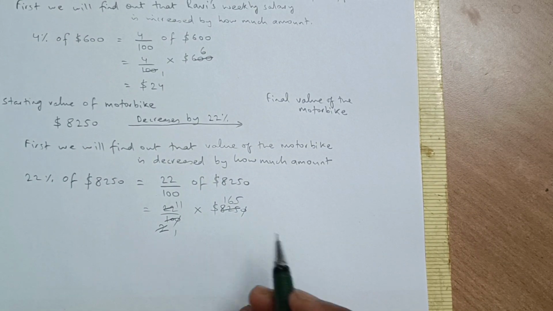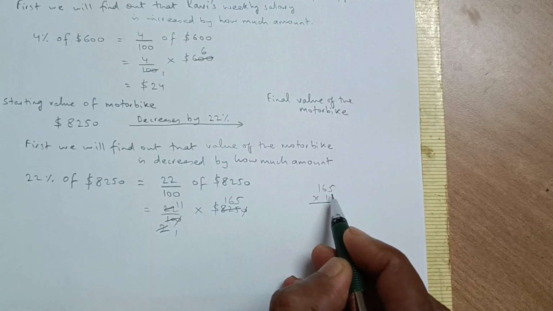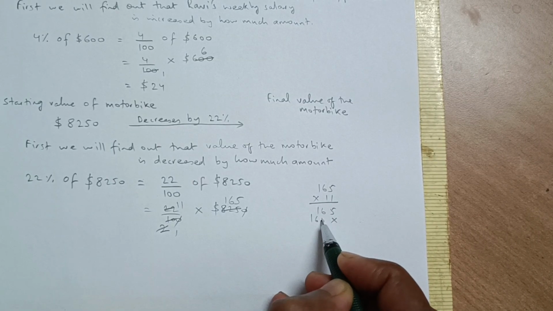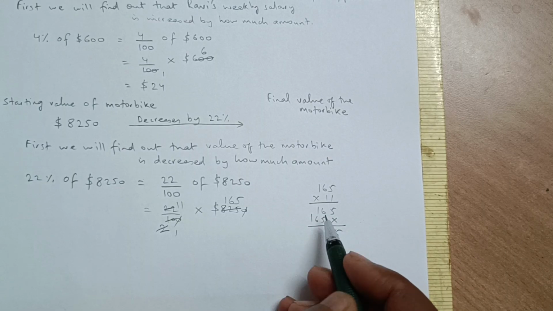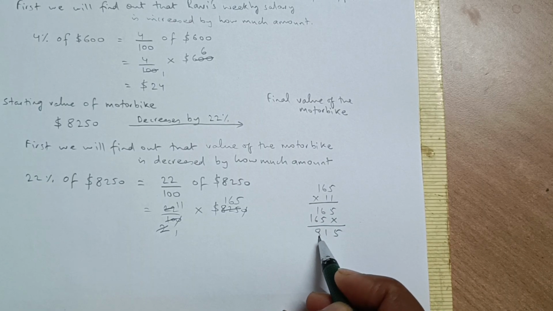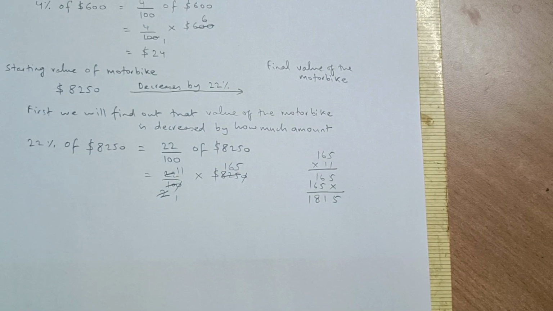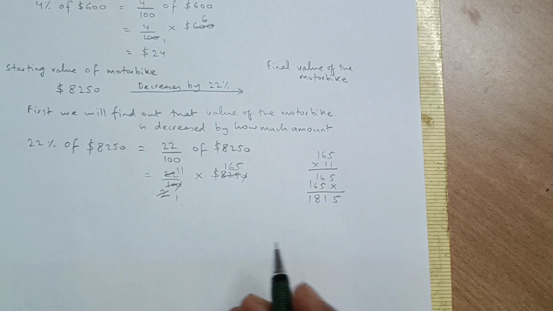So what is 165 multiplied by 11? 165 into 1 is 165. 165 into 1 is 165. So this is 5, 5 plus 6, 11, carry forward 1, 1 plus 1, 2, 2 plus 6, 8, and then this one, 1815. So 11 multiplied by 165 is 1815.